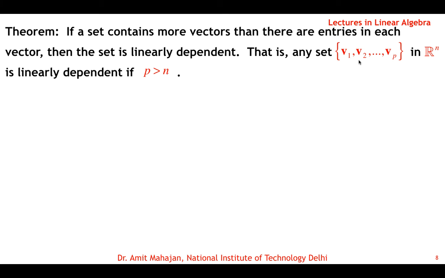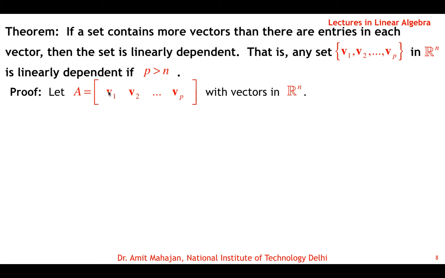In general, any set v1, v2, ..., vp in Rn, so that means v1 is a vector with n entries, v2 is a vector with n entries, vp is a vector with n entries, will be linearly dependent if the number of vectors, which is p, is greater than the number of entries n, if p is greater than n. The proof is simple. Let A be the matrix of the vectors v1, v2, ..., vp, which are in Rn space.